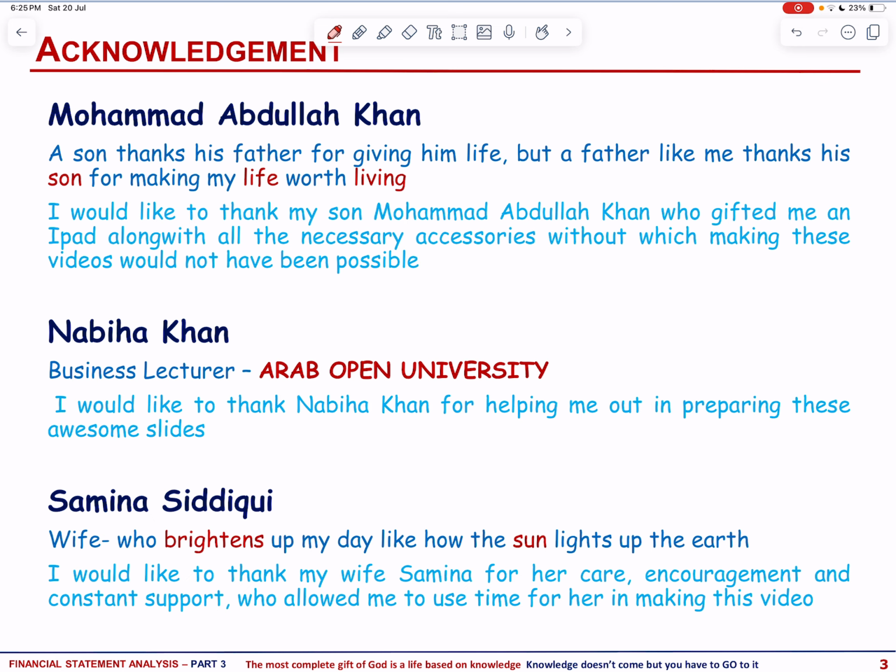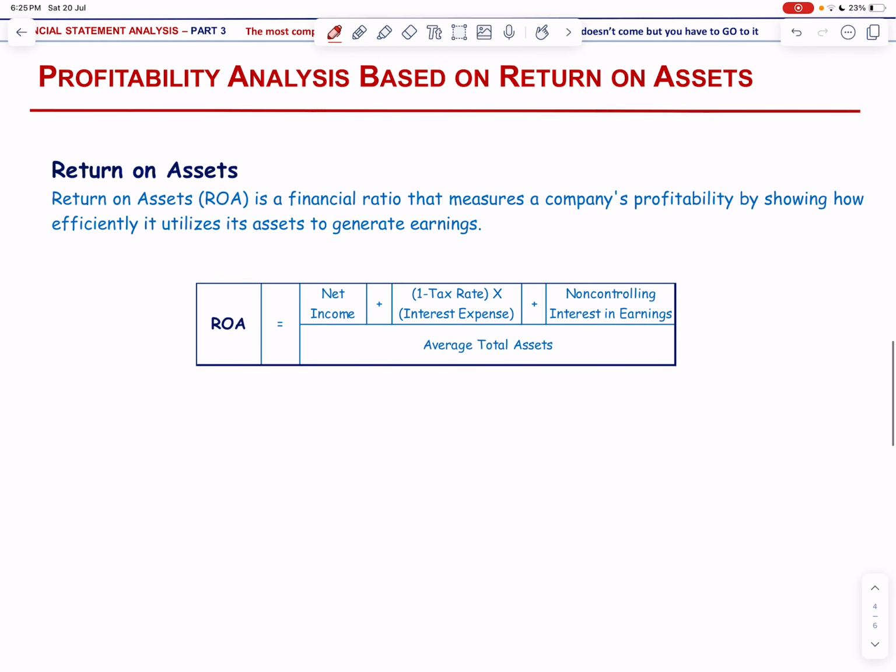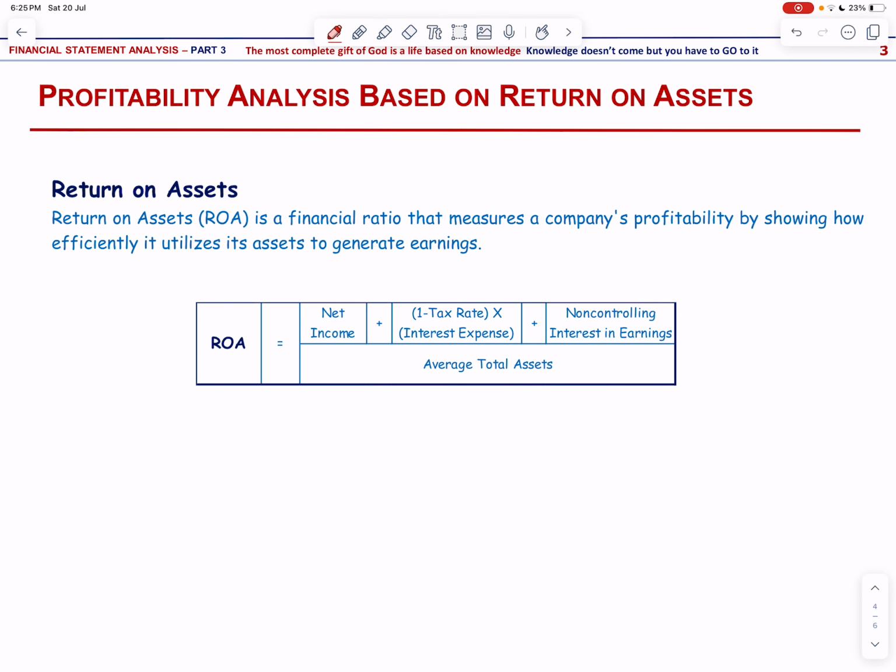So let us start with discussing how to calculate return on assets. Return on assets evaluates the efficiency with which a company generates earnings from its assets. It helps investors and analysts assess the operational efficiency and profitability of a company independent of its capital structure.